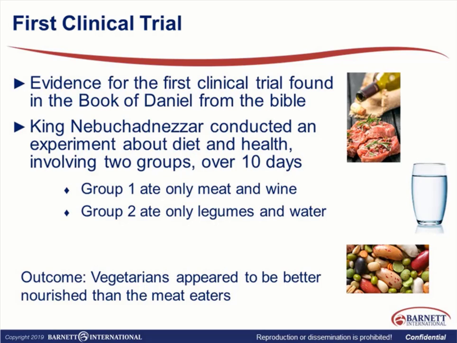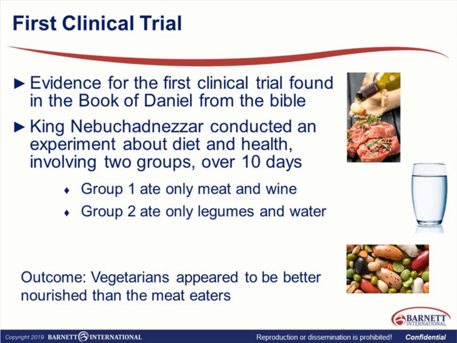However, there were several men who preferred to eat vegetables and objected. And so the king allowed these rebels to go ahead and follow a diet of legumes and water, and said, you can only do this for 10 days.